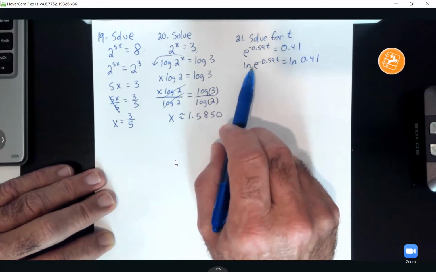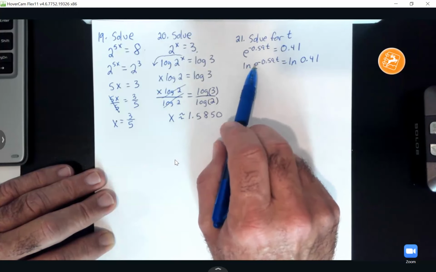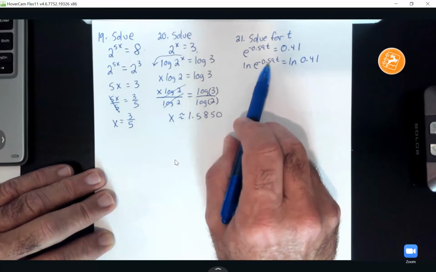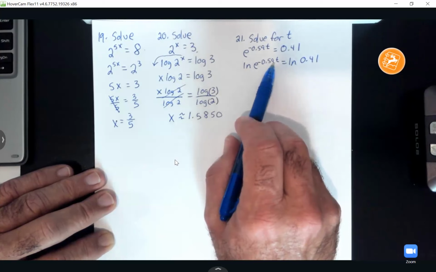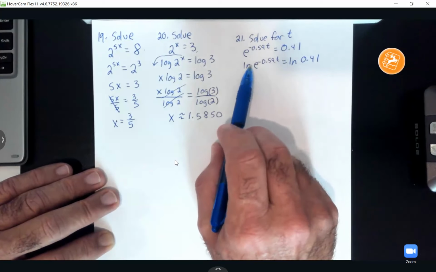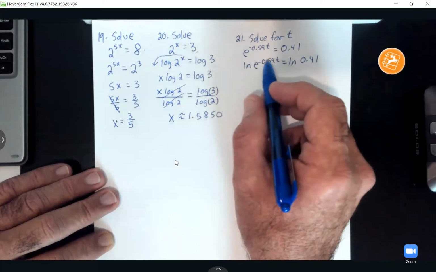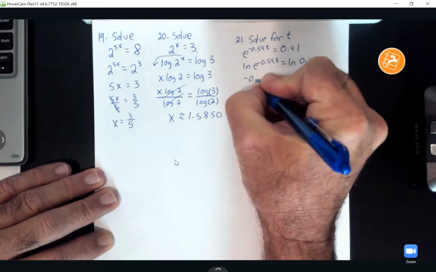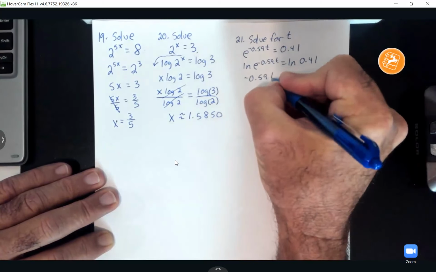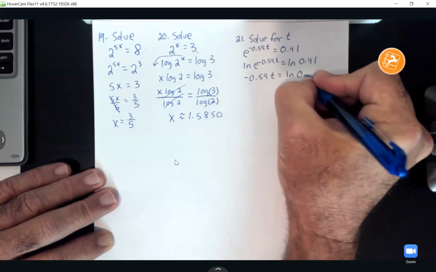Well, remember, when the base of the log matches the base raised to an exponent, the left side just becomes the exponent. So that's why we always use the ln when we got an e, because when you take the ln of e, the answer will be the exponent. So that's going to be negative 0.59t. That's going to equal the ln of 0.41.